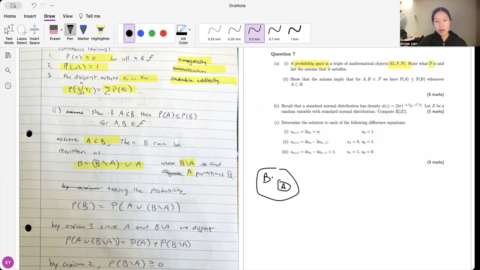That's the idea. And then we can just split it up by this part and this part.